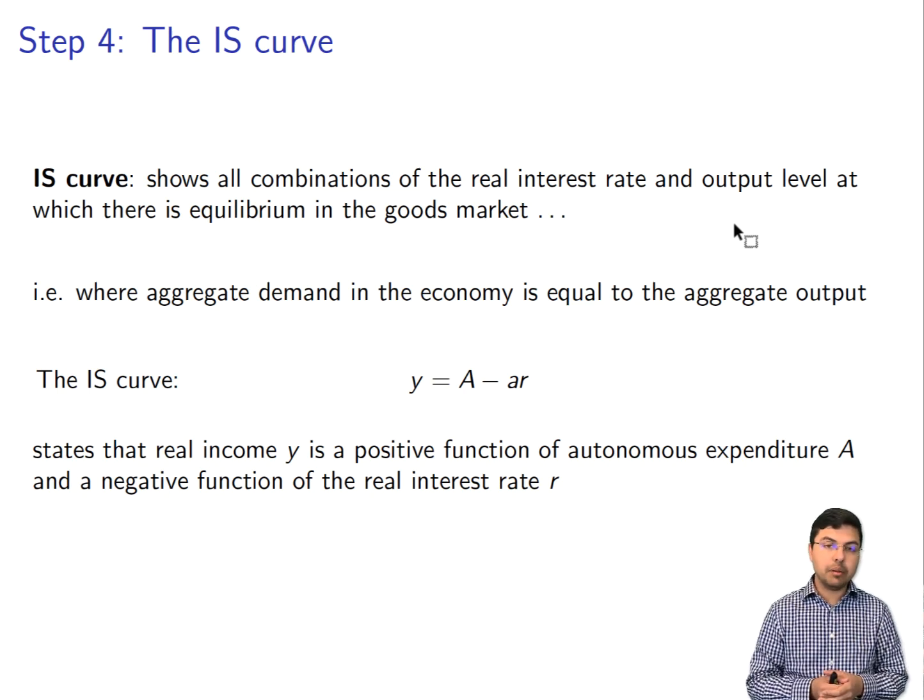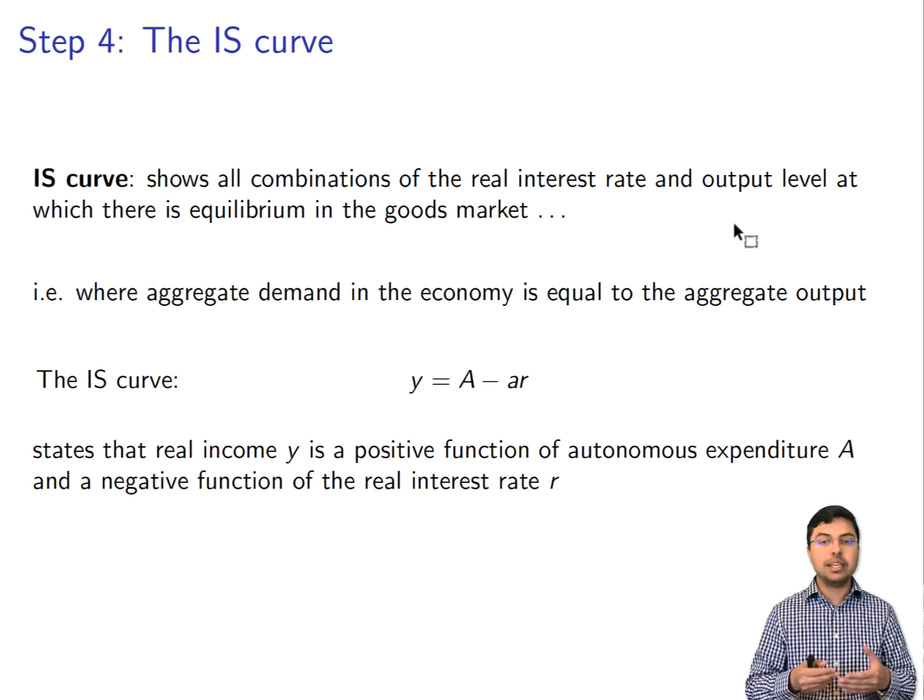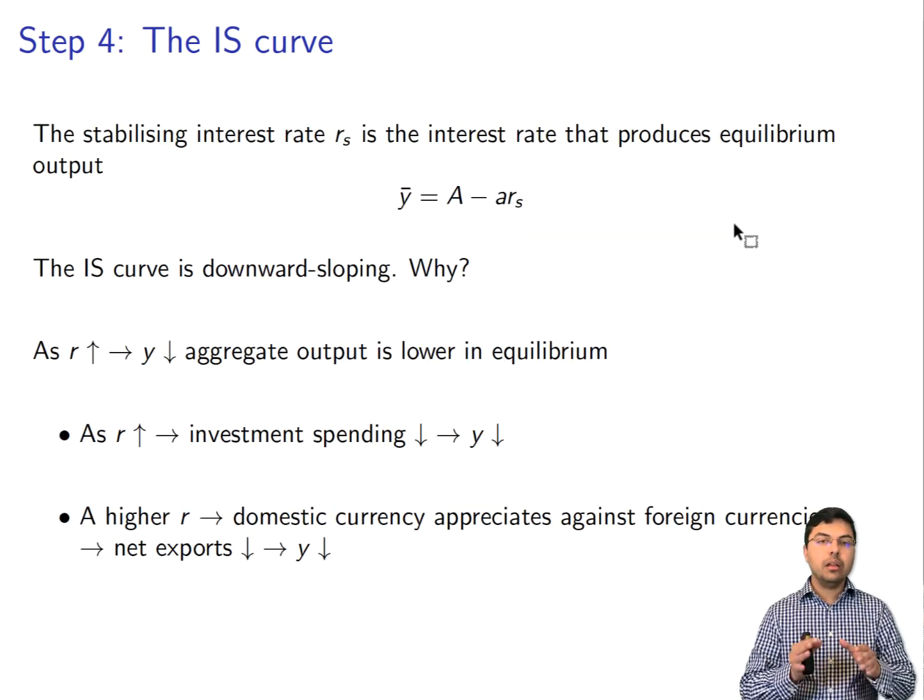The IS curve can be mathematically represented by this equation where aggregate output Y is equal to autonomous expenditure A, which we take to be a constant for simplicity, and a negative function of the real interest rate R. Now, if you recall lecture 8.2, when we first introduced the Taylor rule, we had mentioned something called the stabilizing real interest rate RS.